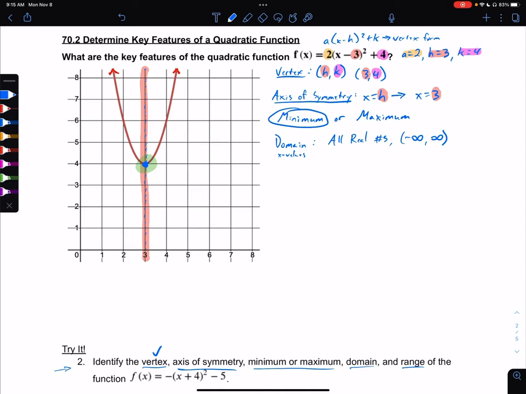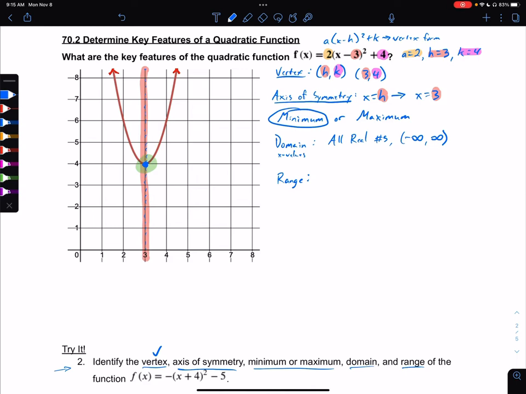The range, there's a little bit more work involved, but it's not too bad. The range will tie in with the minimum and maximum, and it has a lot to do with your k value. If you think about it, my k value is almost a y value. So the range is going to be from the vertex up.